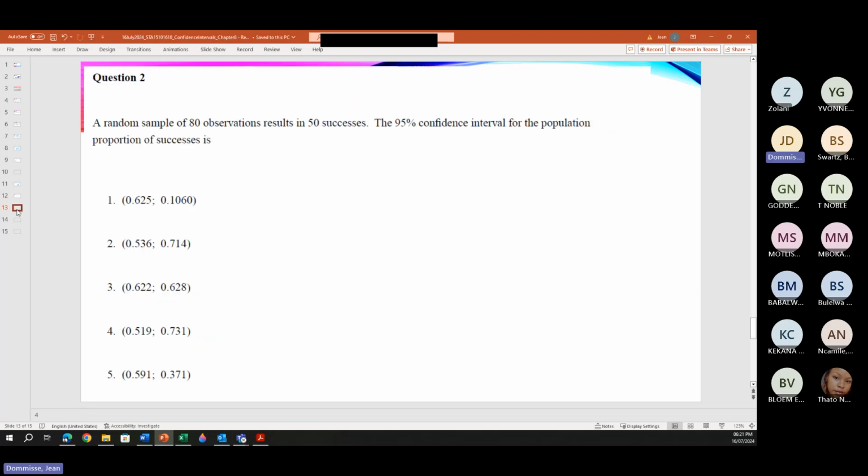Okay, so let's see what they have asked us. A random sample of 80 observations results in 50 successes. The 95% confidence interval for the population proportion. For a population proportion, we know it's a Z. 95%, we know that Z is 1,96.